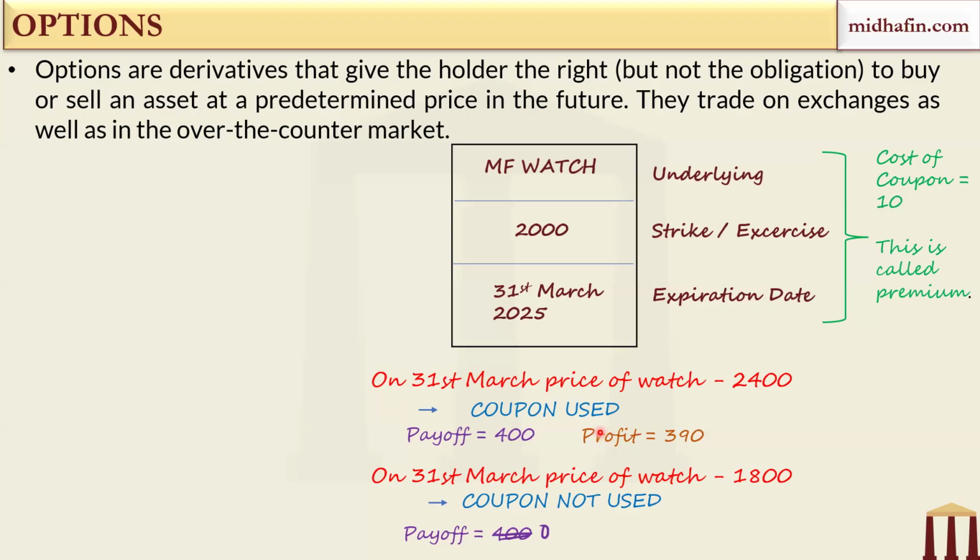Anyways, now in the second case, can you tell me what will be the profit? If the payoff is zero, what is the profit? Very good. The profit is negative 10, because whatever cost you had paid to acquire that coupon, since you are not gaining anything from that, you forego your cost.